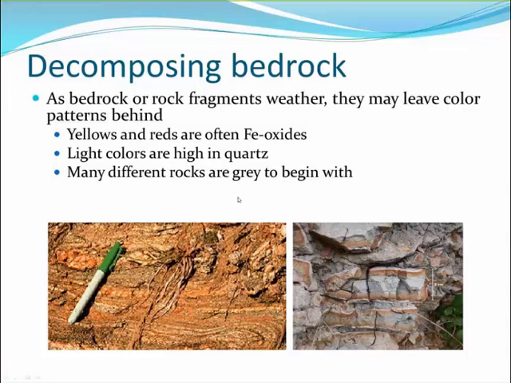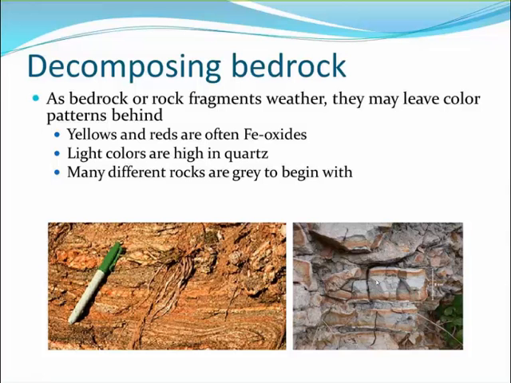And then there are many different kinds of rocks, such as limestone, that begin as gray colored. And as they begin to weather, they release iron, and that iron forms iron oxides. It oxidizes and turns red. So earlier we talked about the difference between reduced and oxidized minerals.